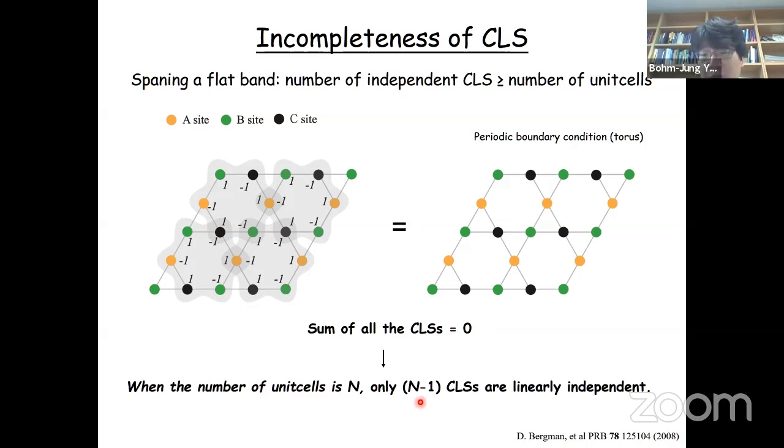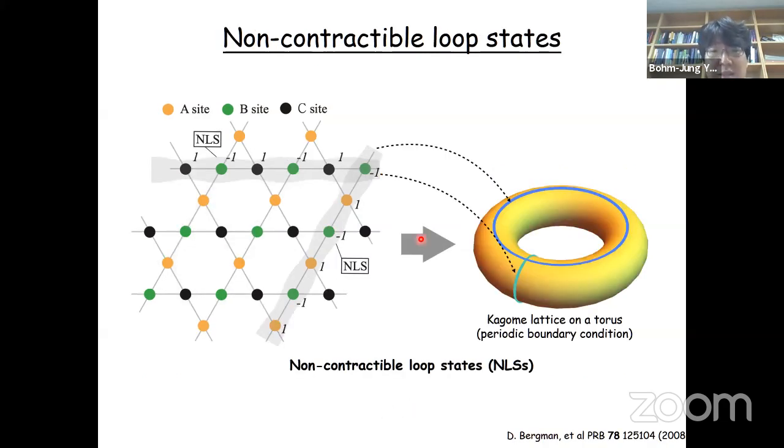This one missing state can be provided by the so-called non-contractible loop state. This loop state is a localized eigenstate with the same energy as the flat band. We can easily see that we again have sign alternation, so there's no leaking of the wave function amplitude, and this is also an eigenstate with energy -2. But if we prepare the system under periodic boundary condition, we can find two independent loop states.